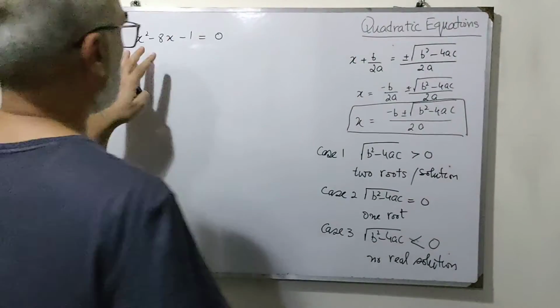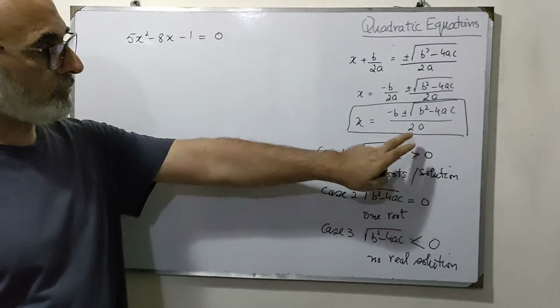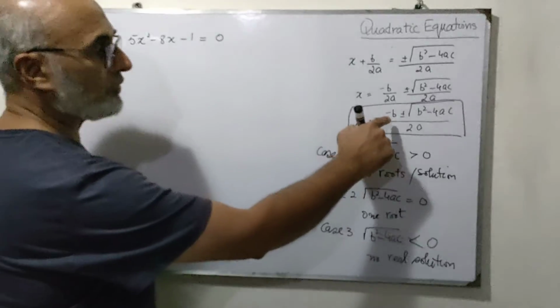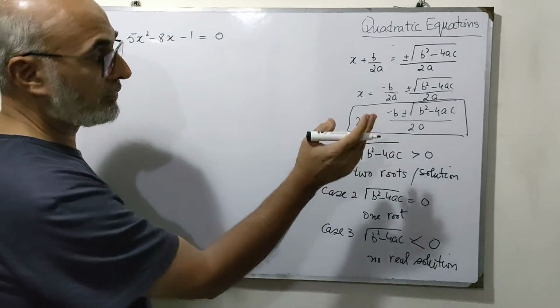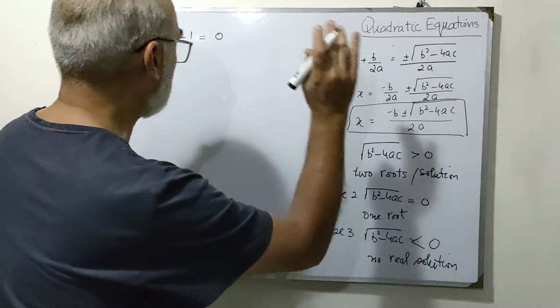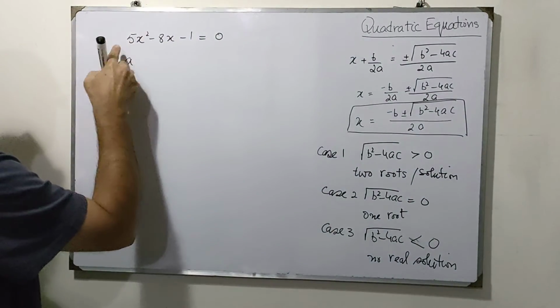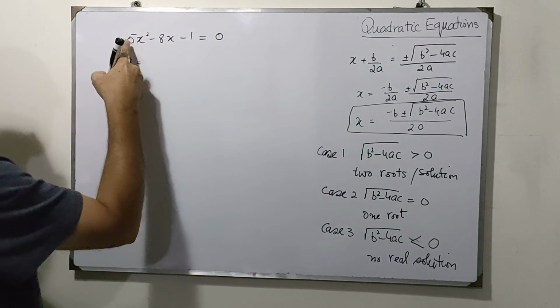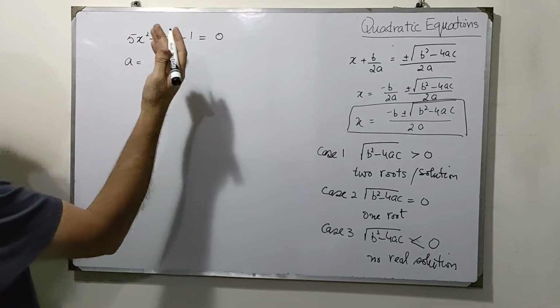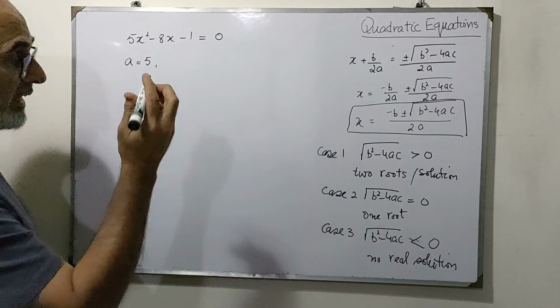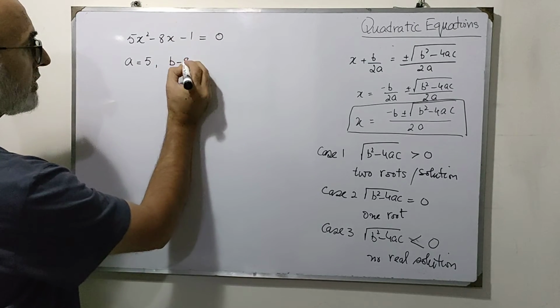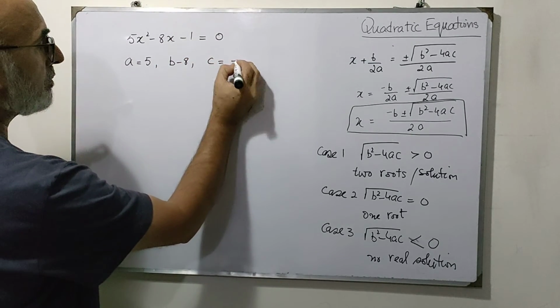This is our example, and we have to apply this formula. To find the two values for x, we need a, b, and c. Remember the general form, ax square plus bx plus c. Here a is 5, b is minus 8 and c is minus 1.